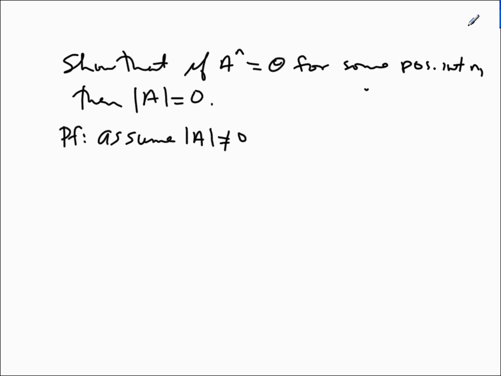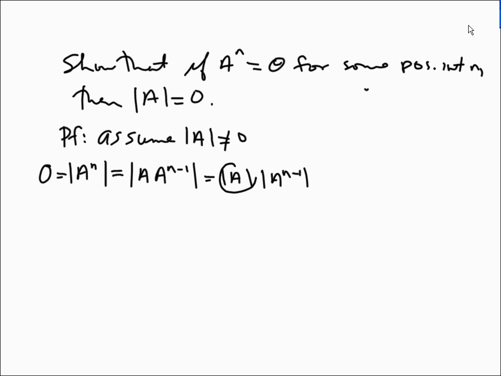The determinant of A to the n is 0, but that's the same as the determinant of A times A to the n minus 1, which is the determinant of A times the determinant of A to the n minus 1.